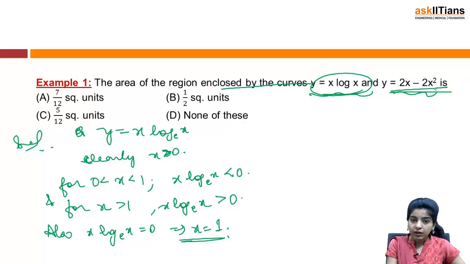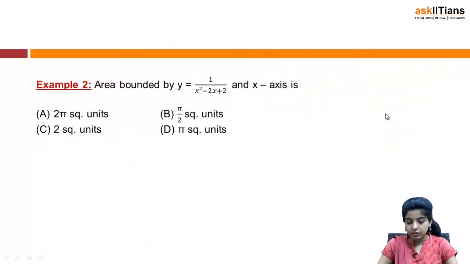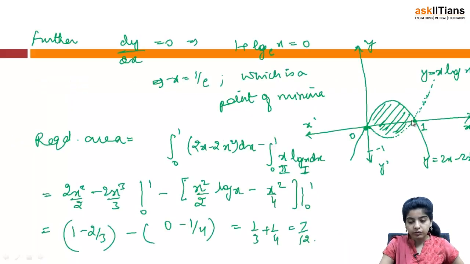For x greater than 1, it is positive, and for it to be equal to 0, x has to be 1. So this curve will be equal to 0 only when x equal to 1. So at x equal to 1, it is crossing this axis, and therefore it is 0 at x equal to 1.